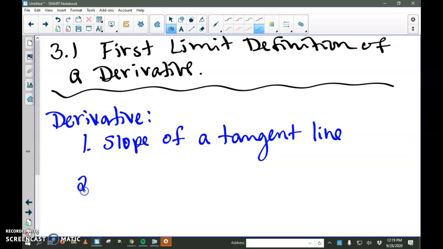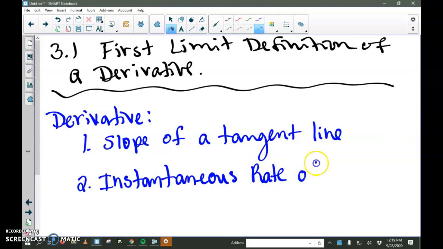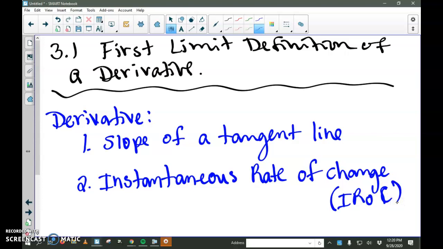Okay? A derivative is also an instantaneous rate of change. And often you will see IROC, instantaneous rate of change, to abbreviate that.